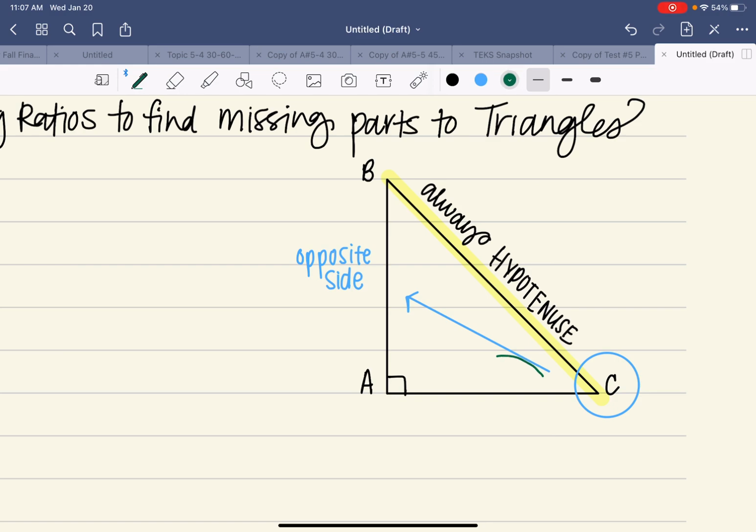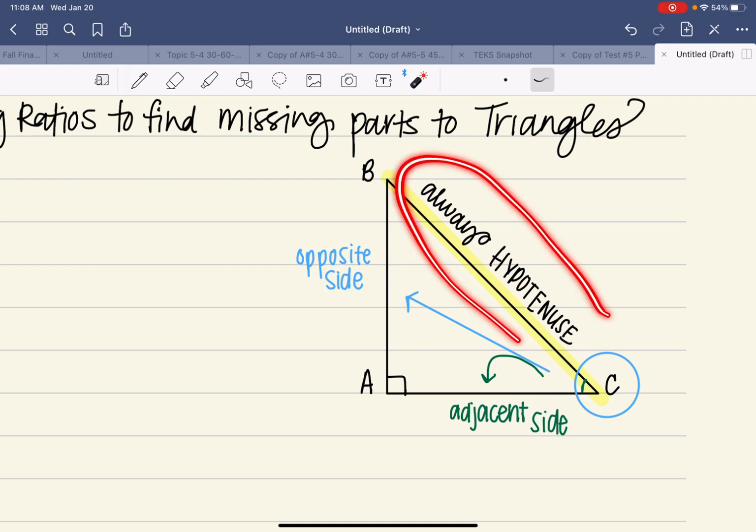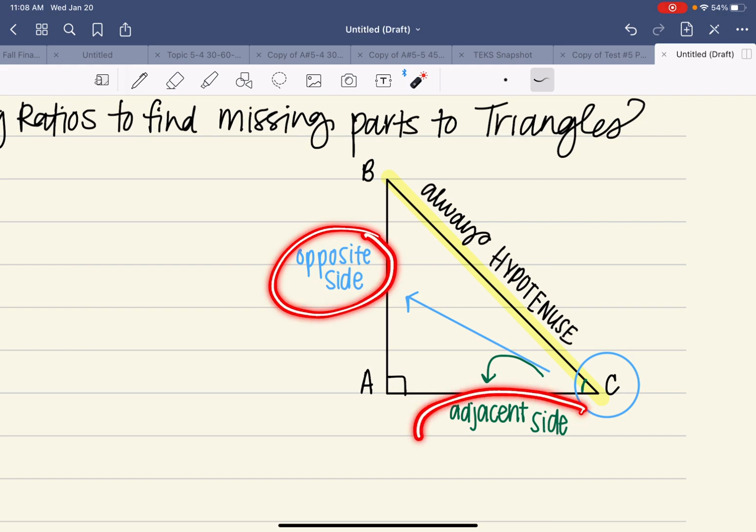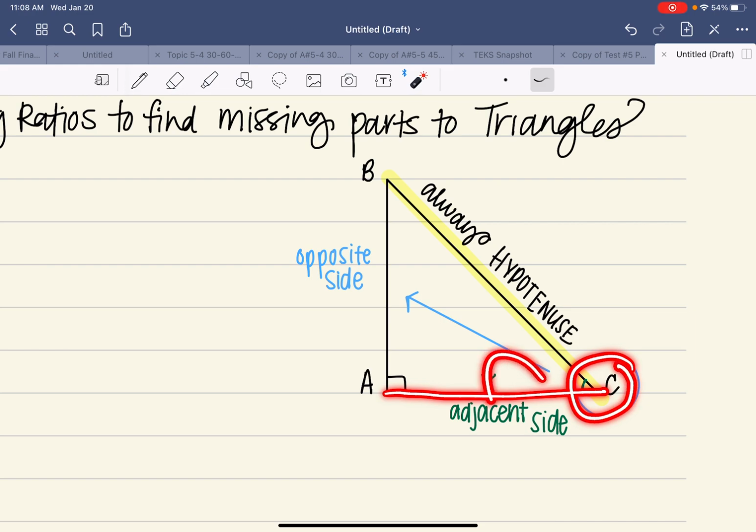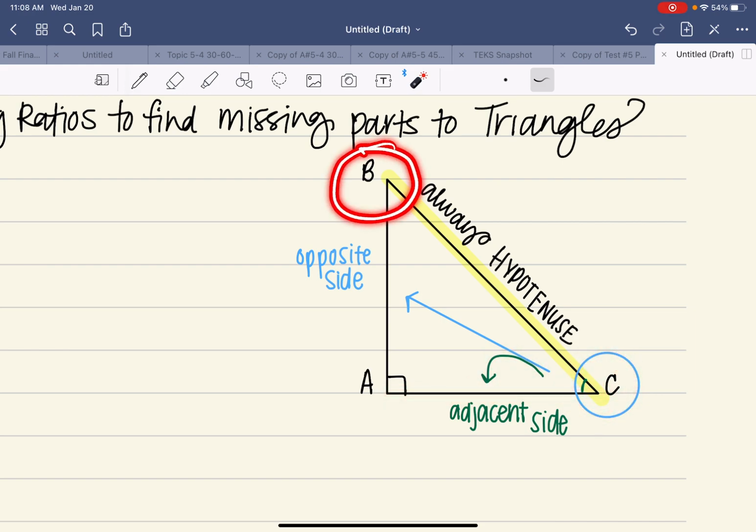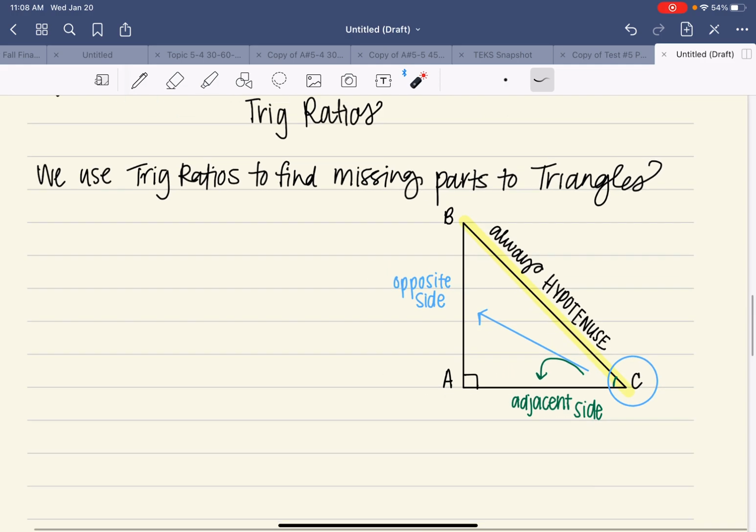And the side right next to it that helps create angle C is known as the adjacent side. Now, the hypotenuse never changes. It is always the side across the 90-degree angle. But the opposite and the adjacent sides will always change depending on which angle we are looking at, okay? Because side length AC to angle C is known as the adjacent side, but to angle B, it is known as the opposite side. So we have to be careful with that.